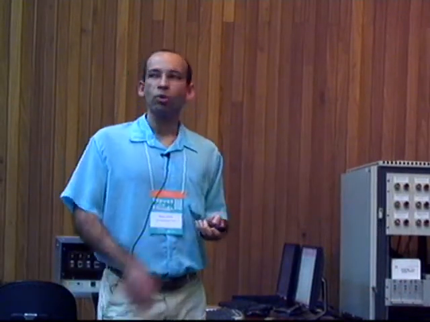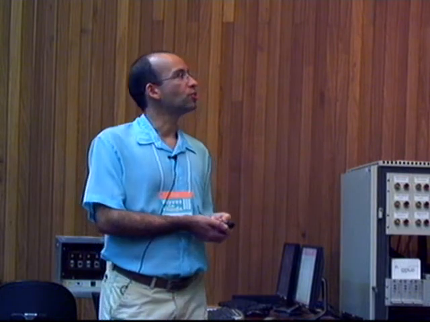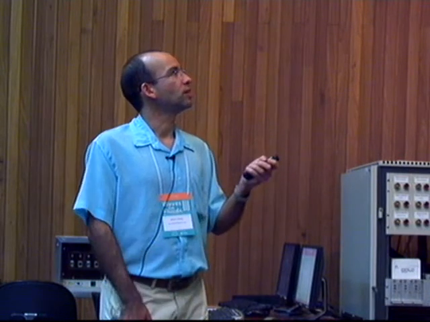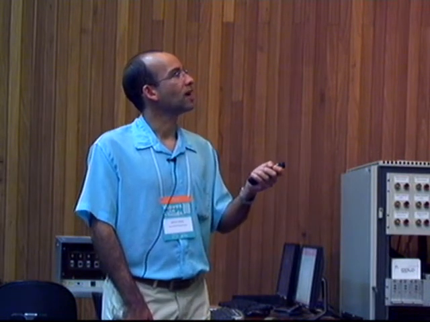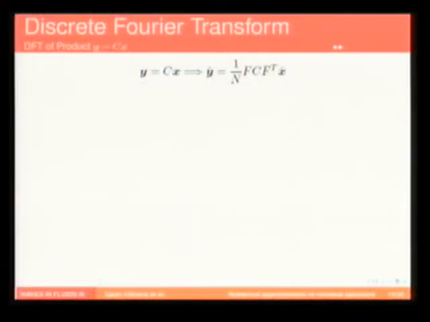So the main quantity we want to transform are products of the discrete derivative matrix, let's call it like this, by some vector. And if we do some algebra, this product in the physical space turns into this kind of similarity product in the DFT space.